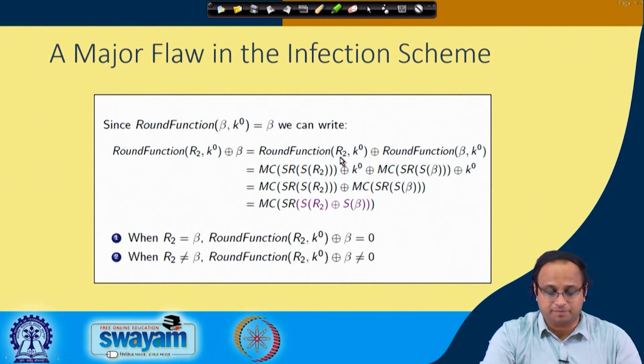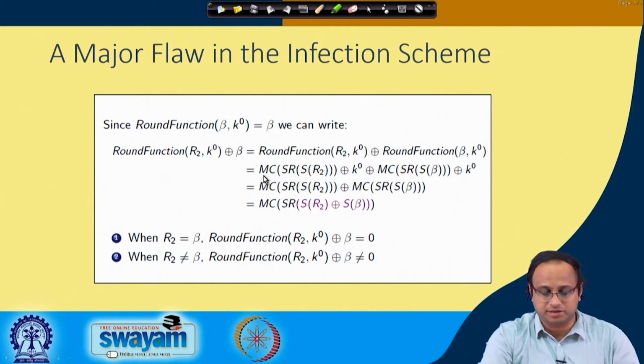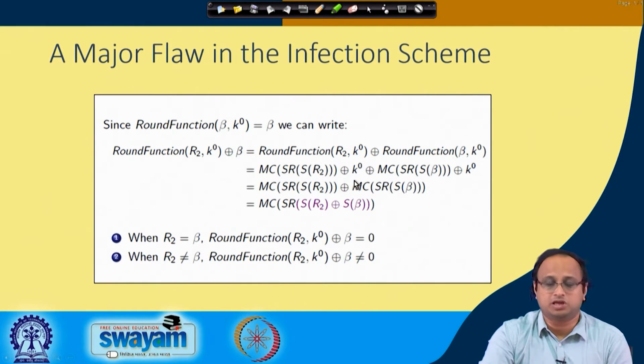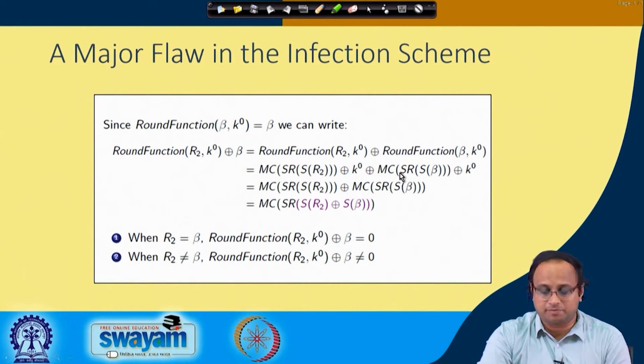So this operates on R2 comma K0, whereas this operates on beta comma K0, and you can write this operation as MC SR S applied on R2 XORed with K0, which is a round key, XORed with again MC applied on SR, applied on S of beta XORed with K0. Now this K0 and this K0 get cancelled, and note that mixed column and shift rows are linear operations, and therefore I can take them in common, and what I have here is S of R2 XORed with S of beta, which I cannot combine because the S function is a nonlinear function.